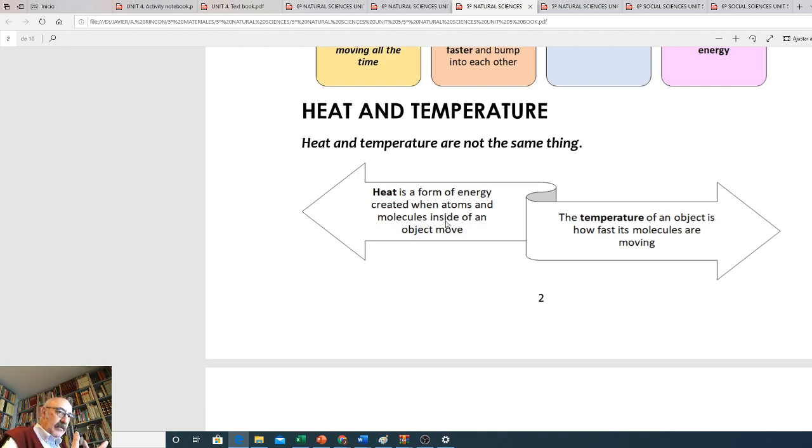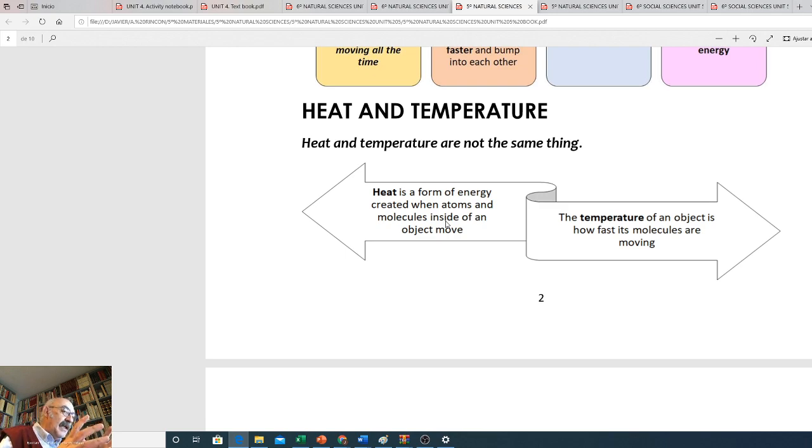This is heat. So imagine the sea. Okay, when you are taking a bath at a beach, imagine the sea, the immense sea. So a lot of particles of water there, and they contain a lot of heat energy, but the temperature is really cold. Okay, this is the difference.